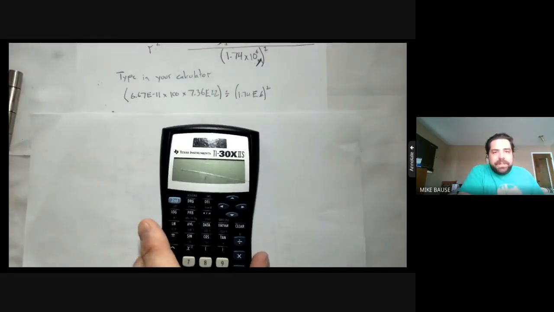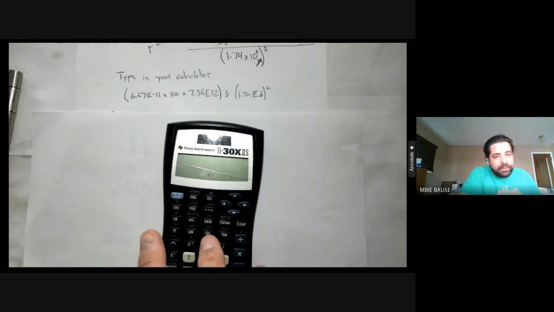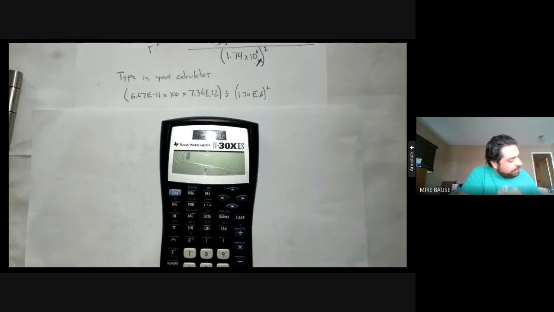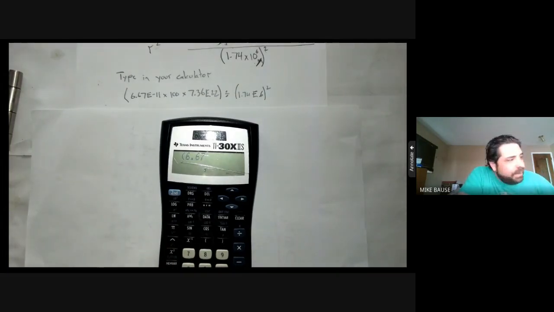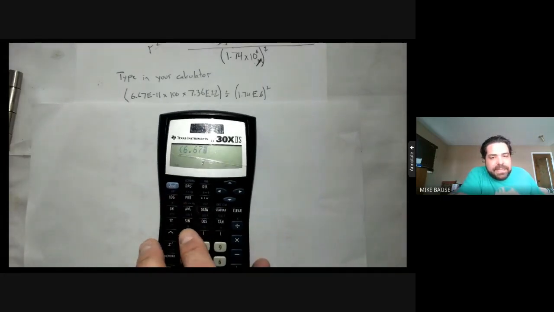Here's how I would type this out in my calculator. I'm going to open up a parentheses and type in 6.67. Now, instead of typing times, then 10, then the caret button, which is the power, then negative 11, all I have to do is push the second button and this button that says EE.